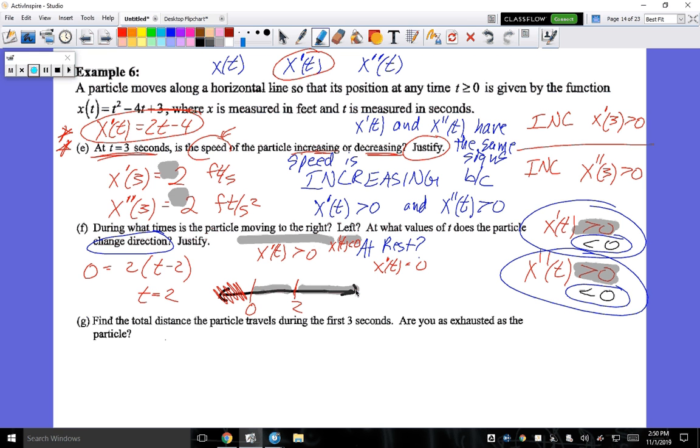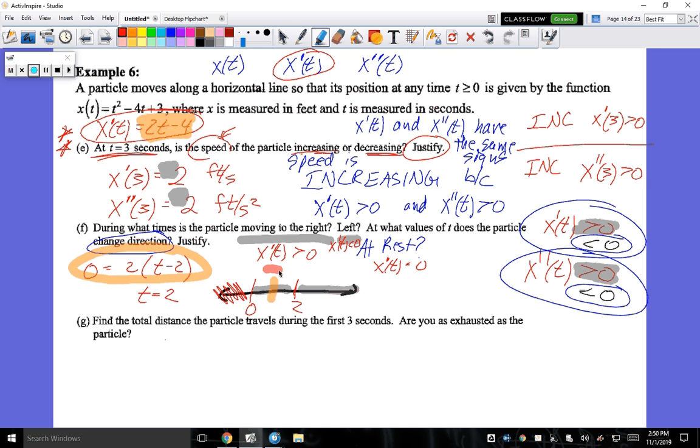Okay? So I'm going to put in 1 into the derivative function that I found, my velocity function. So if I put 1 in here, what am I going to get? A negative. I don't care what the number is, I'm going to get a negative. Okay? And if I put something like 3 for my other interval, what am I going to get?